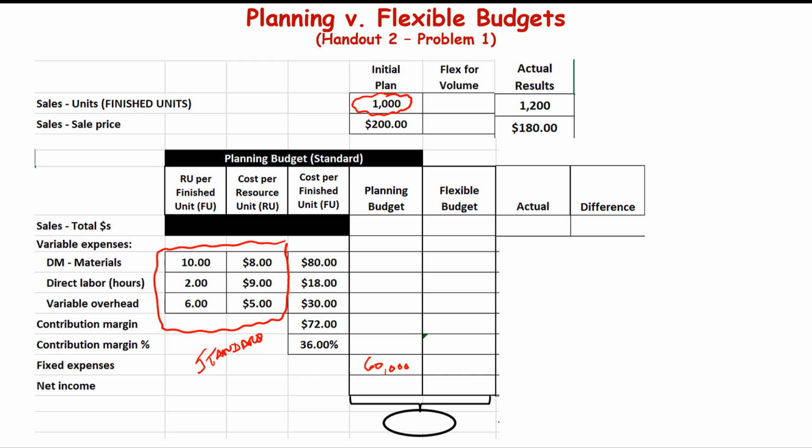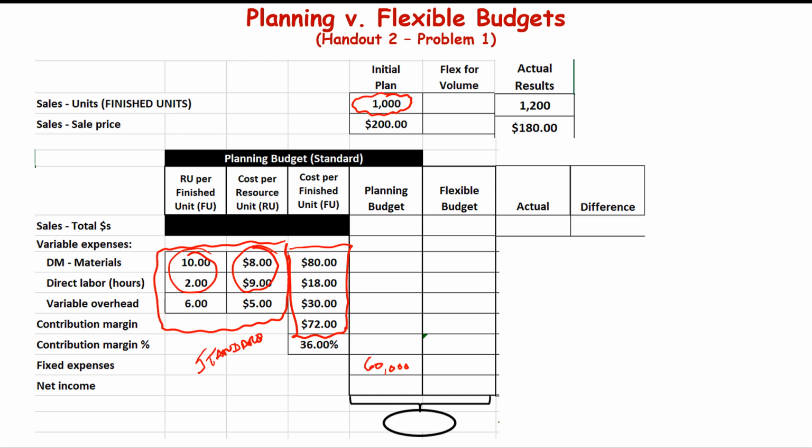So those are our standards. The standard resources I want to use per finished unit, the standard price per resource that I use, and then this would be my expected or standard cost for a finished unit. So those 3 pieces are really important, and make sure you know the difference.